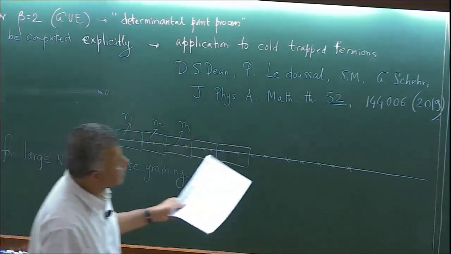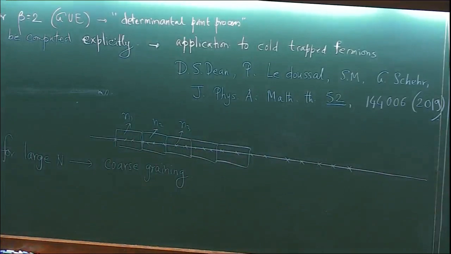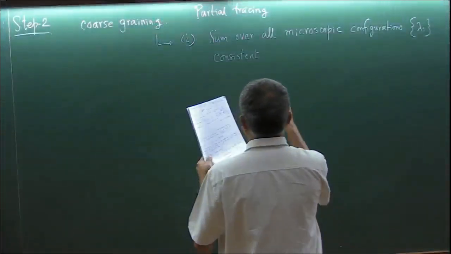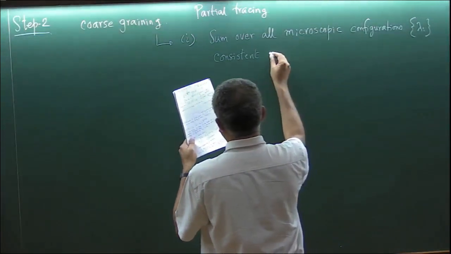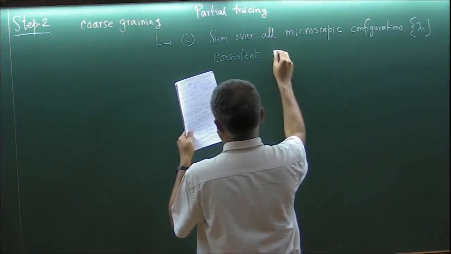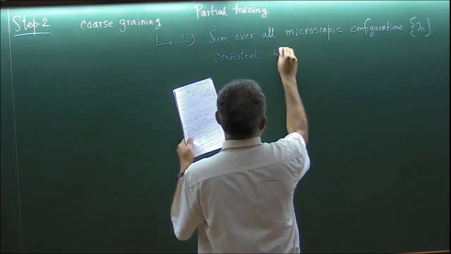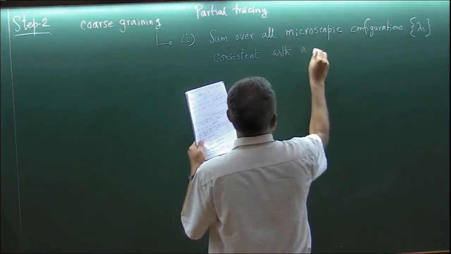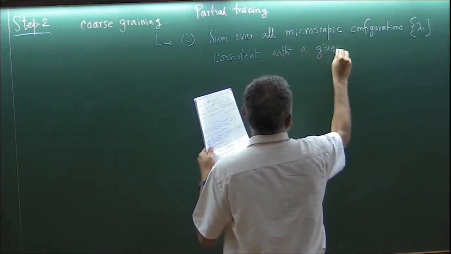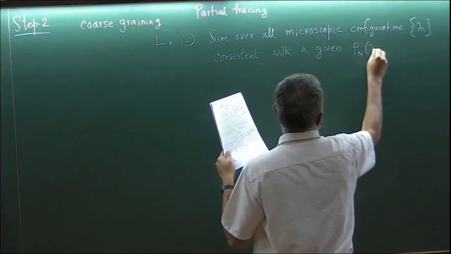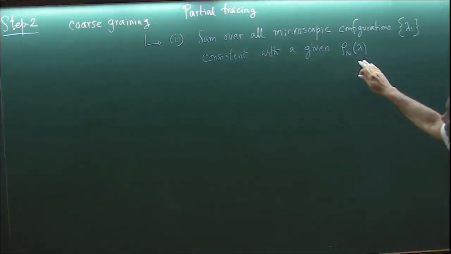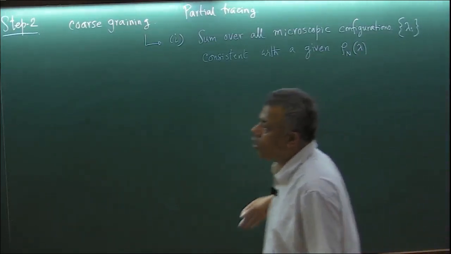Now, given this density profile, that is, one specific density profile, you first fix the density, N1, N2, N3, etc., and then you sum over all microscopic configurations consistent with it.